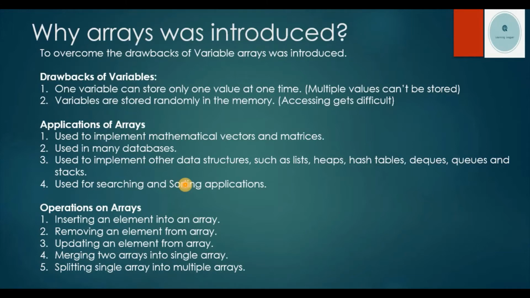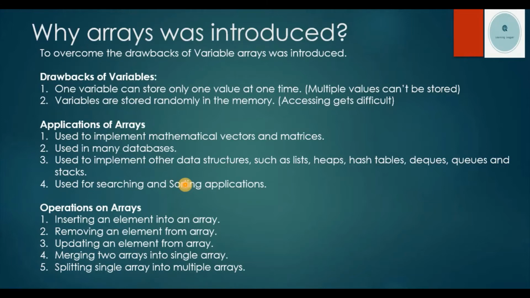In the previous definition, I said I would tell you the difference between a variable and an array. If you remember, in one variable we can store only one value at one time. We can't store multiple values at the same time. This is the one major drawback of a variable.